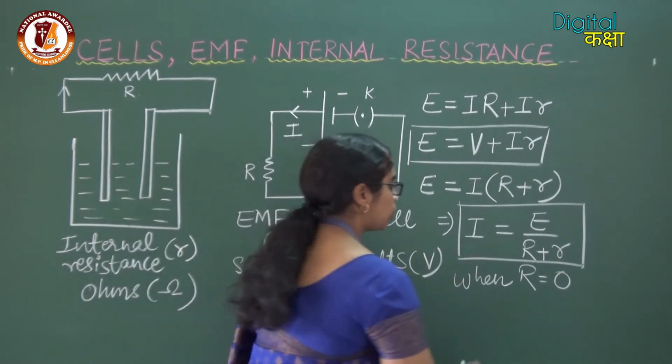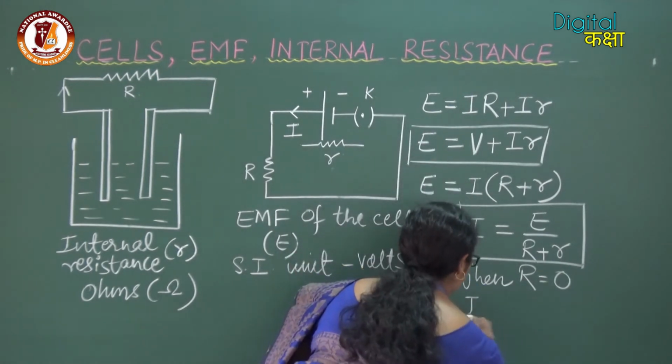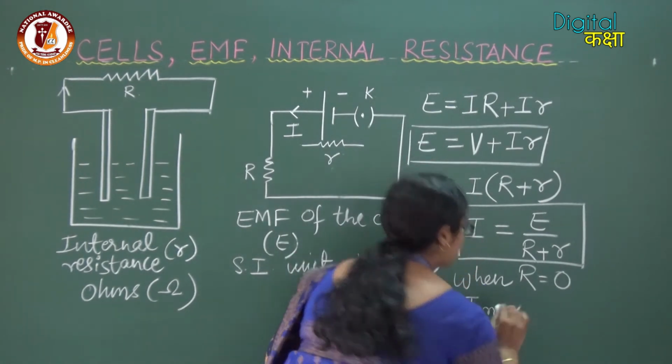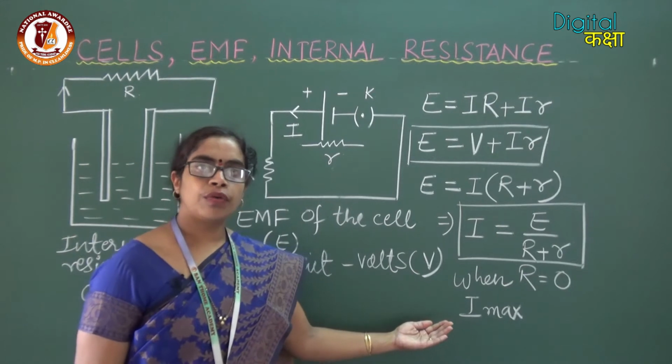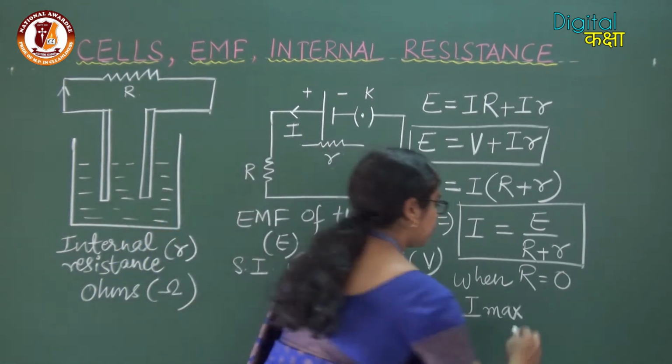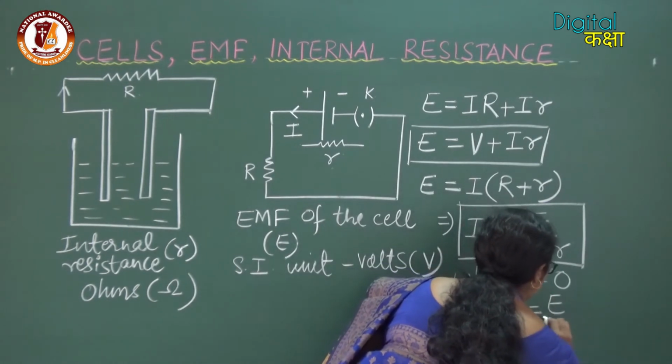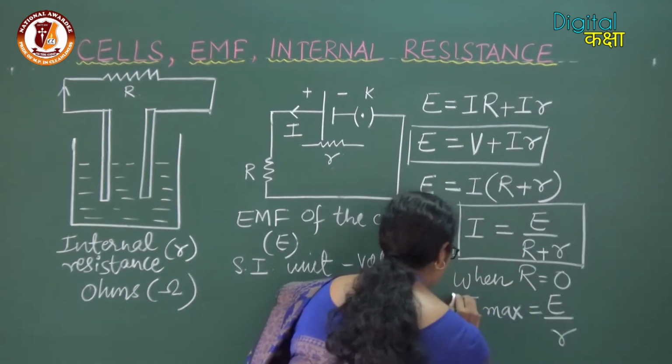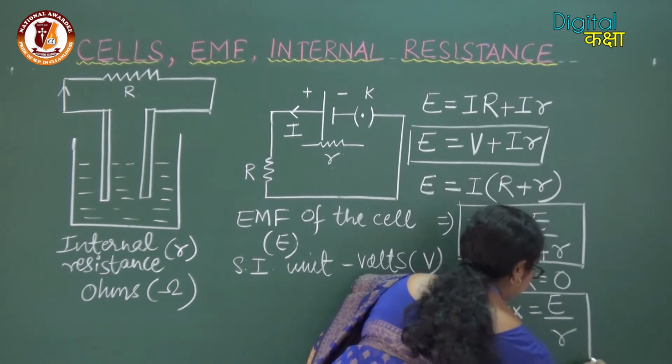So, in this formula, if R is equal to 0, the value of the current obtained will be the maximum current, given by the relation capital E upon small r.